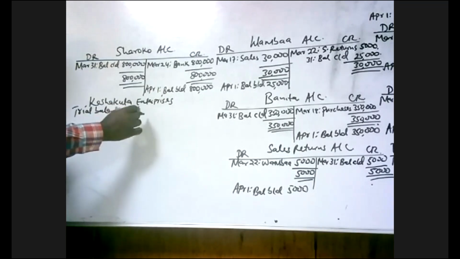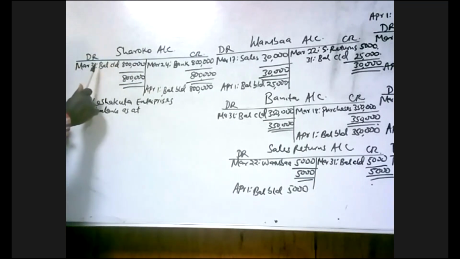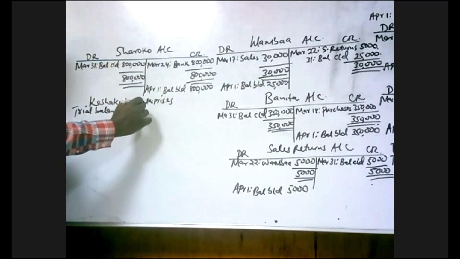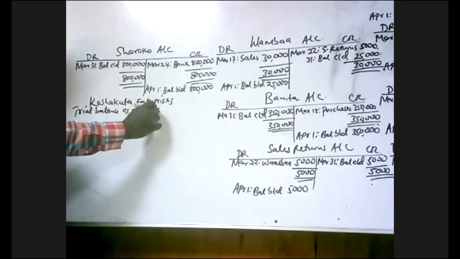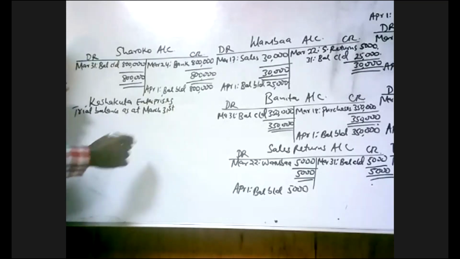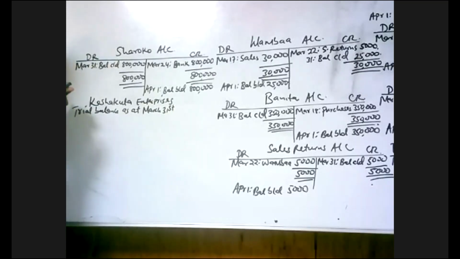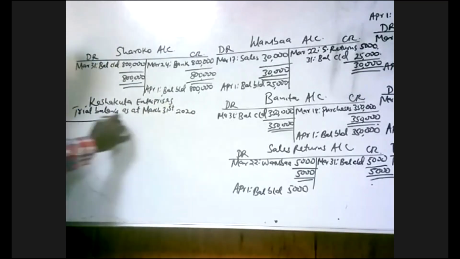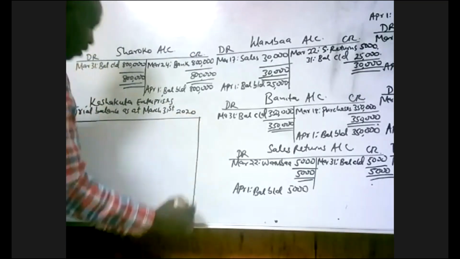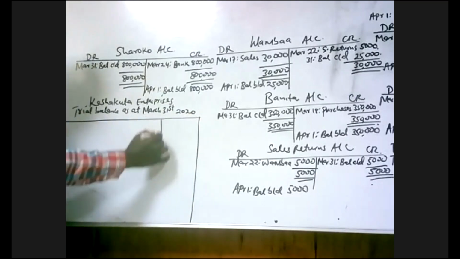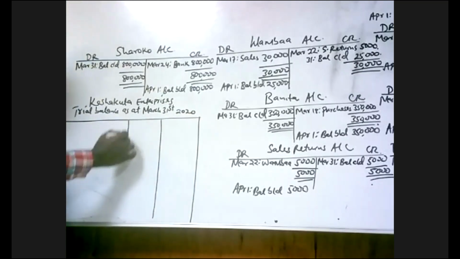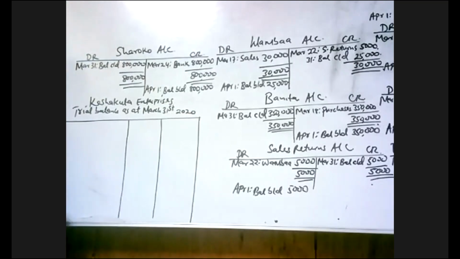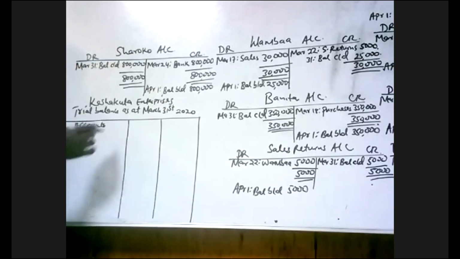You write it as at the date that we have dated our balance carried down, as at March 31st, in the year 2020. This is a very simple trial balance. It will have 3 columns. The first column is to record the accounts that you have opened.